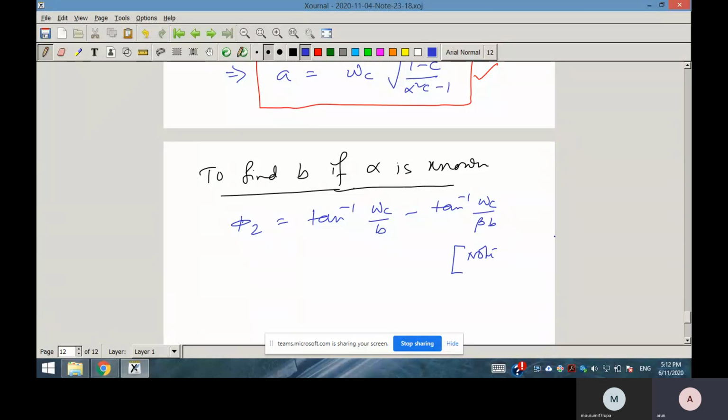So actually minus phi 2 equals, this is the negative phase.